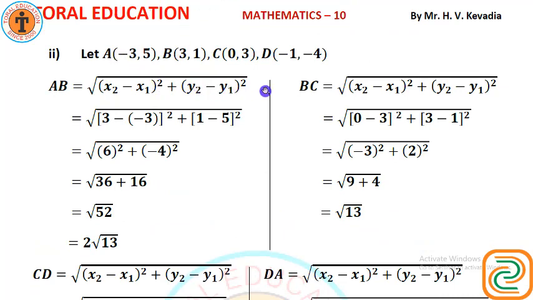Here also four points. Same thing is to be written. Here AB, BC, CD and DA. Then AB equals 2 root 13. BC equals, we have found, root 13.